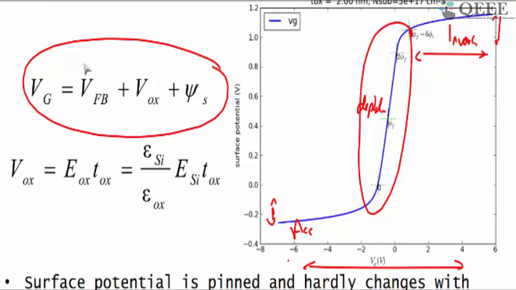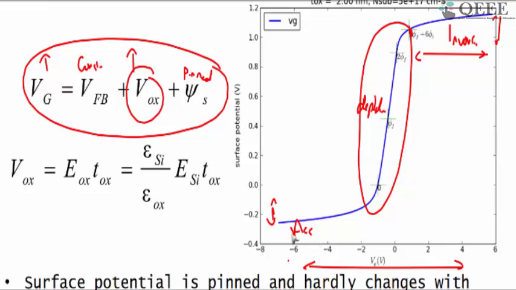So it is constant. If this is pinned, whatever the increase in gate voltage, the burden is being taken by the oxide. Most of the extra applied voltage is being dropped across the oxide. That means the oxide field increases.